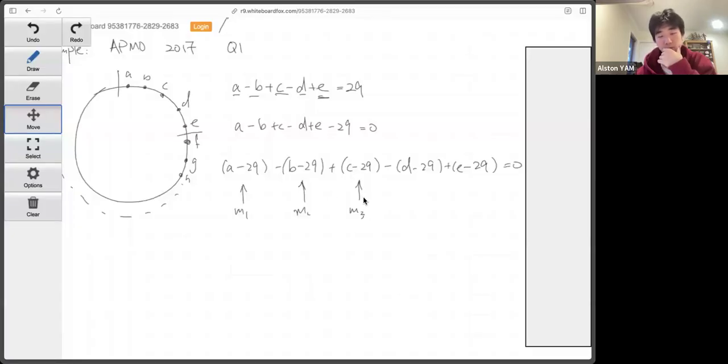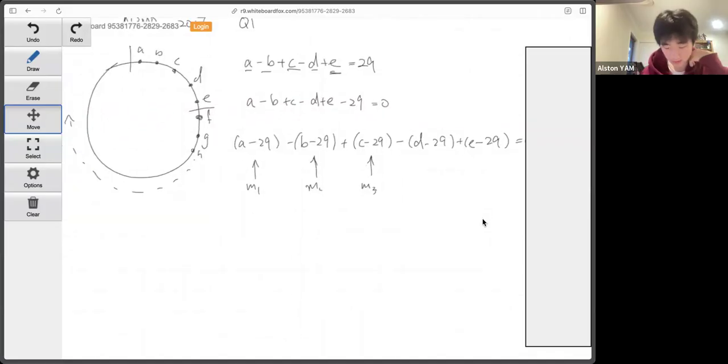Because if we prove all of the M's must be 0, then we can come back and prove that all of the A, B, C, D, E's and so on must be 29, and that is our desired solution set. Okay, so let's try that.